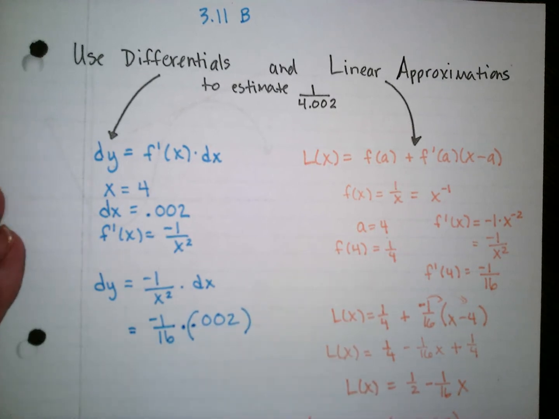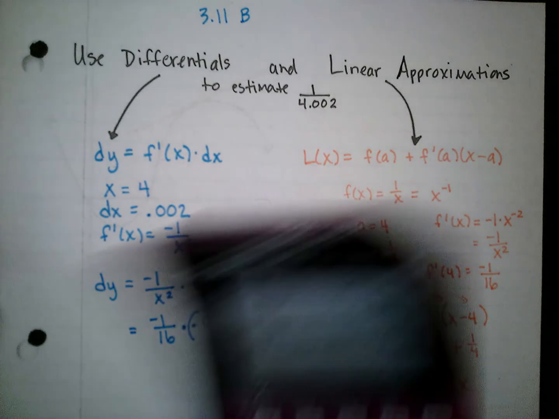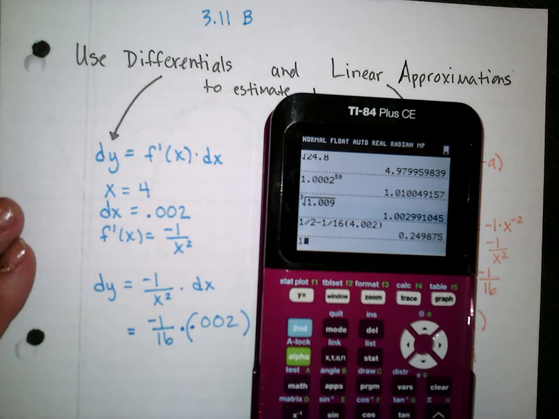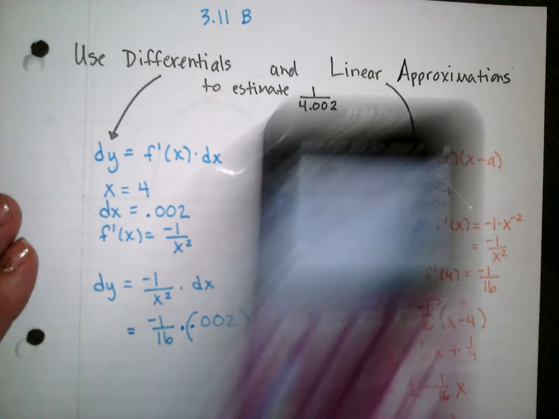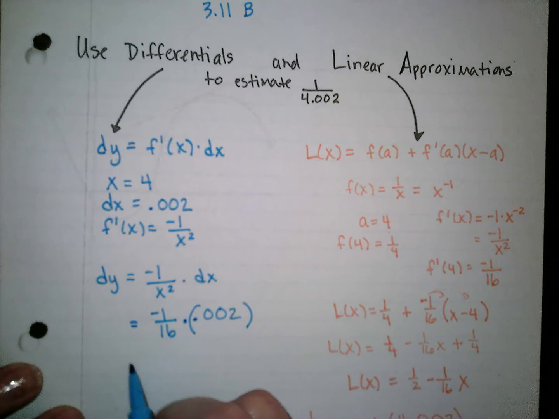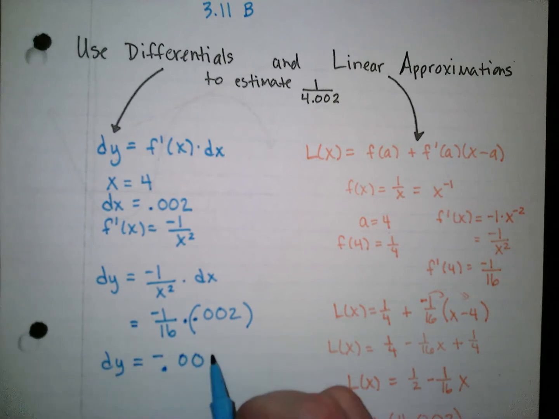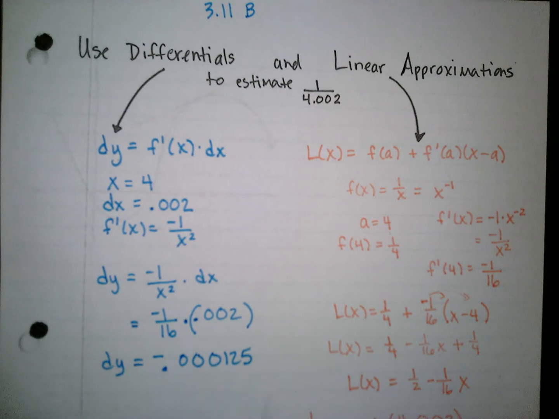So negative 1/16 times 0.002. That is 0.000125, and it's negative. So dy is negative 0.000125.